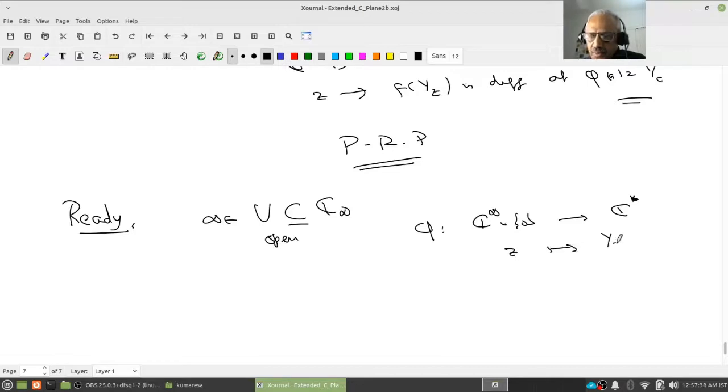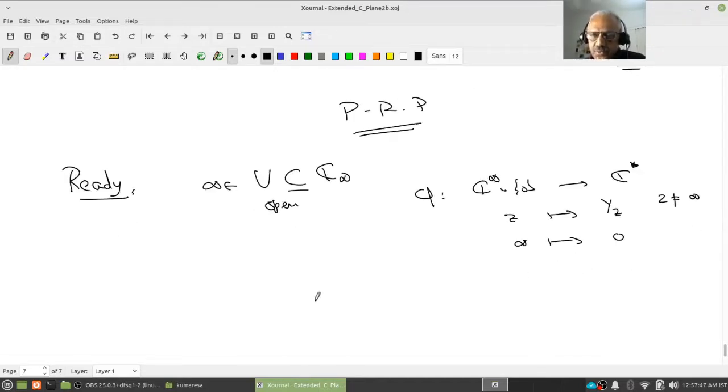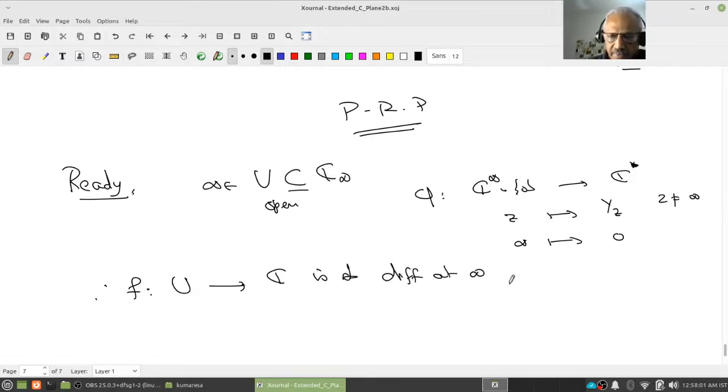Z going to 1 by Z if Z is not equal to infinity, and infinity goes to 0. So, are you following? So I am going to say, therefore, F from U to C is differentiable at infinity if and only if F composite phi is differentiable at 0.